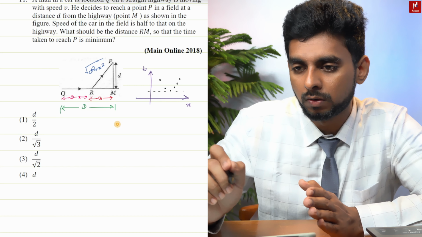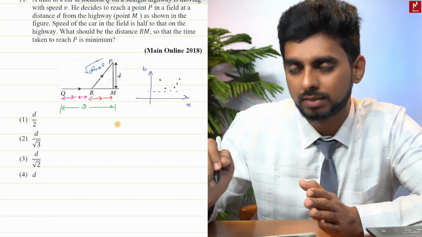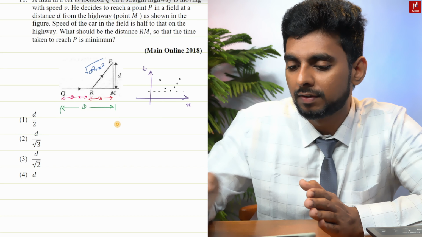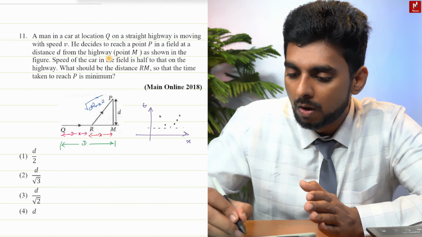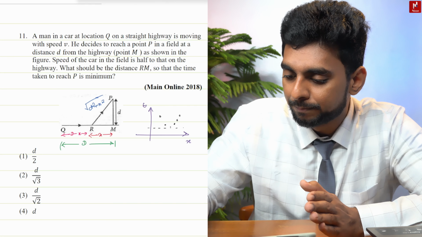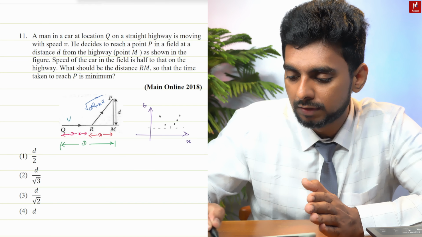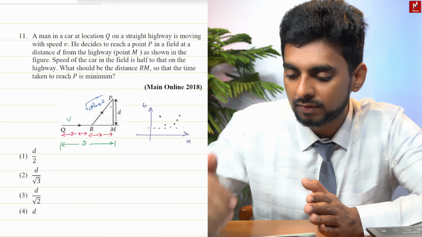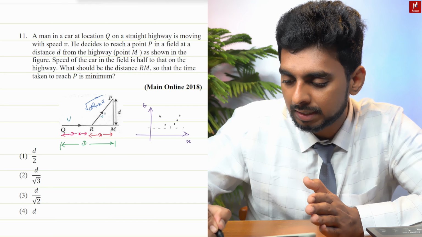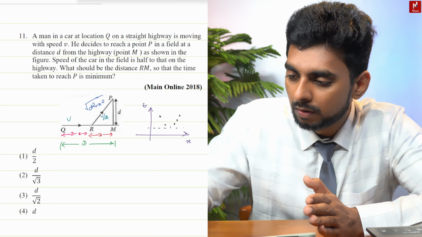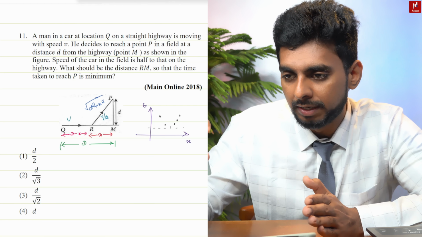I know speed equals distance divided by time. Here they have clearly given us that the speed on the highway was equal to v, but in the case of the farm, it has to be half of that speed, which means it's going to be v divided by 2. So now I know the speed.